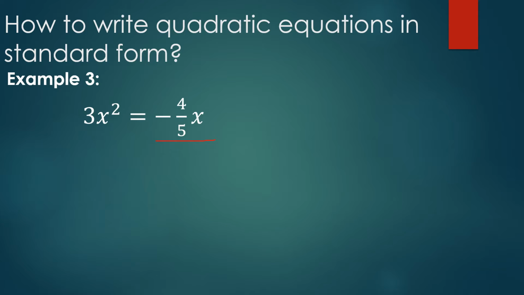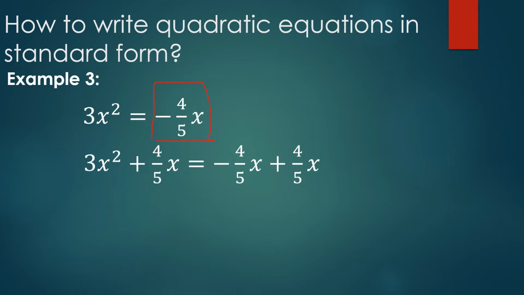Again, for us to make this 0, we have to add the opposite of negative 4 over 5x to both sides of the equation, which is positive 4 over 5x. Applying the addition property of equality, we are going to add positive 4 over 5x to both sides.